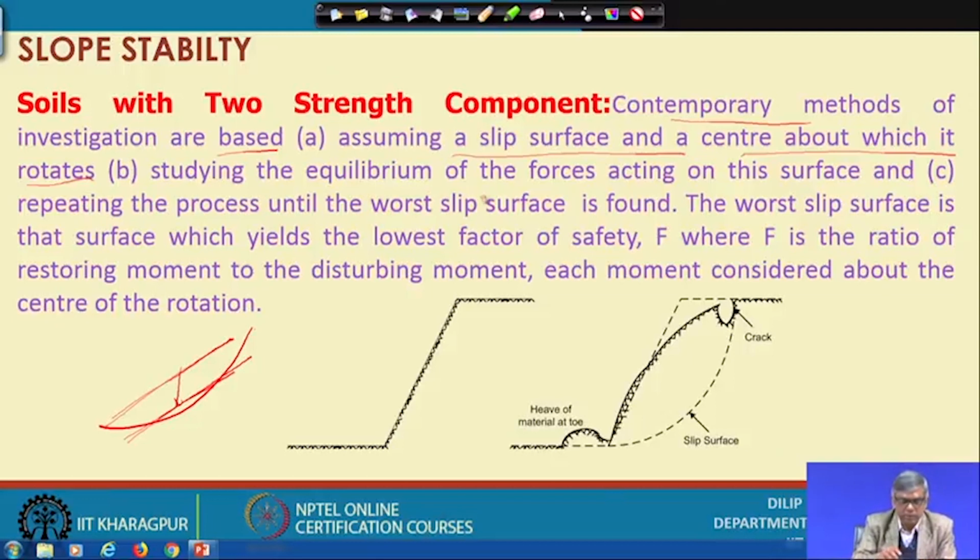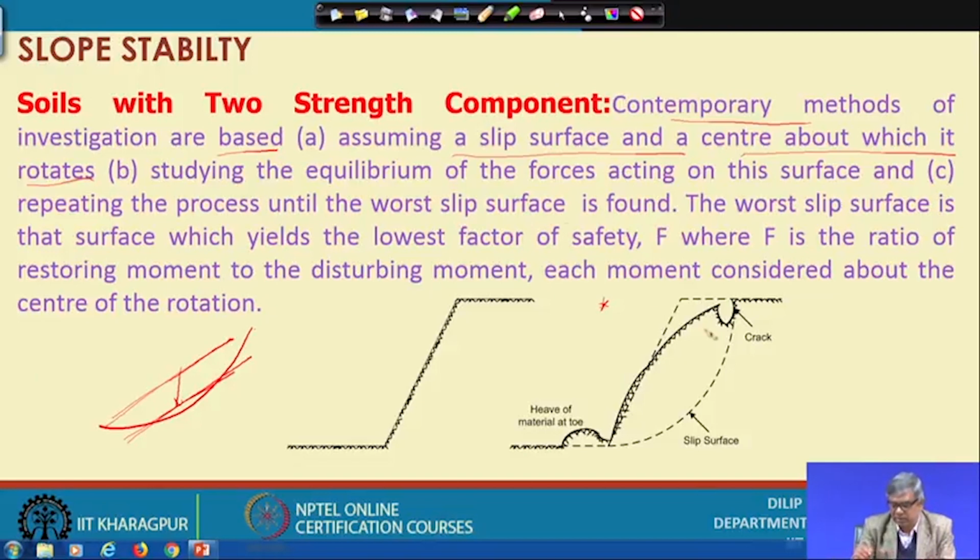To do the analysis, we assume a slip surface and a center about which it rotates, study the equilibrium of the forces acting on this surface, and repeat the process until the worst slip surface is found.